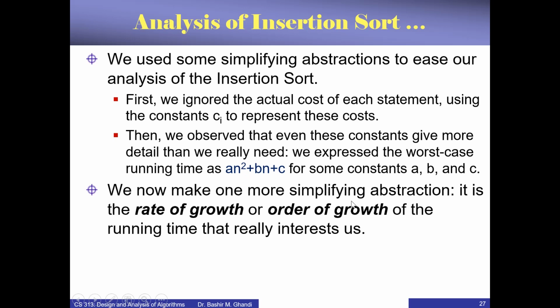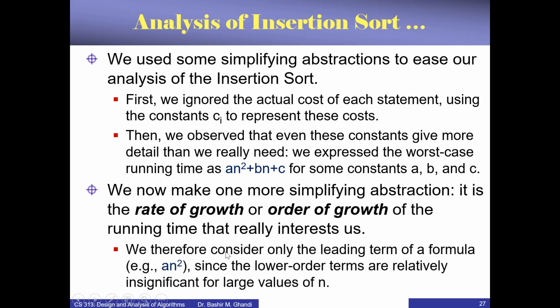Now we're going to make an even more simplifying abstraction, and it is this. In algorithm analysis, it is the rate of growth, or order of growth, of the running time function that is important. Therefore, we're going to consider only the leading term of the running time function. For example, an squared.